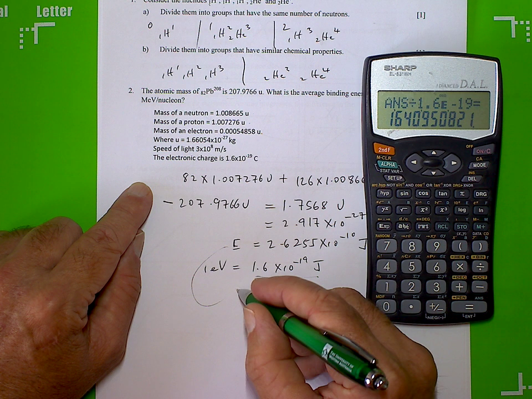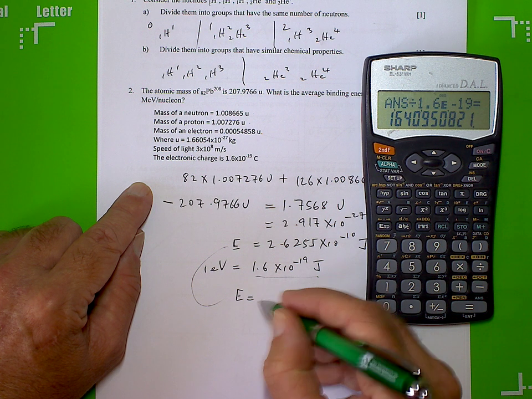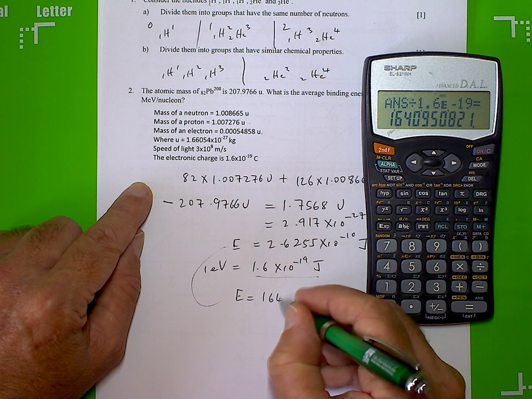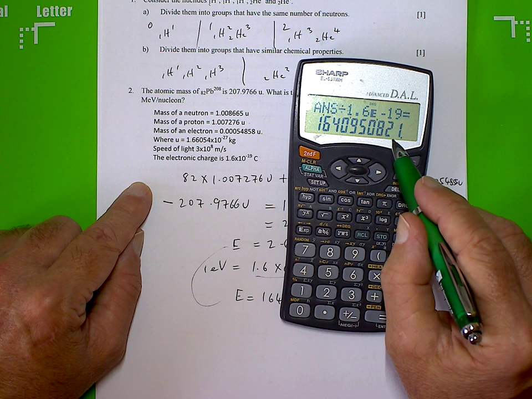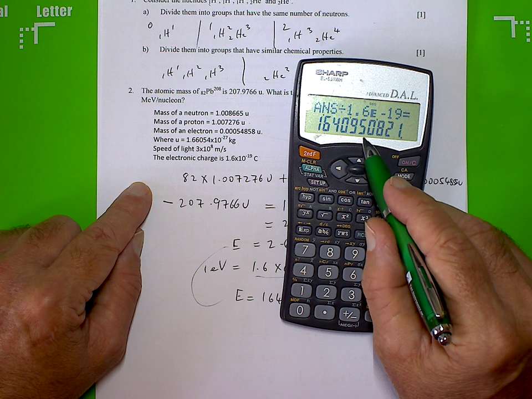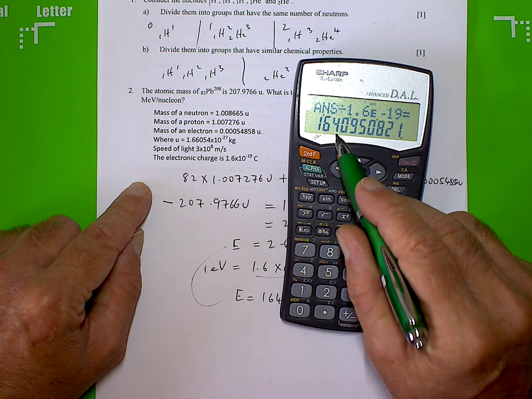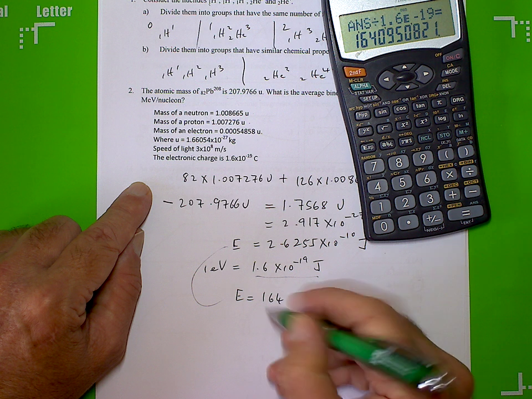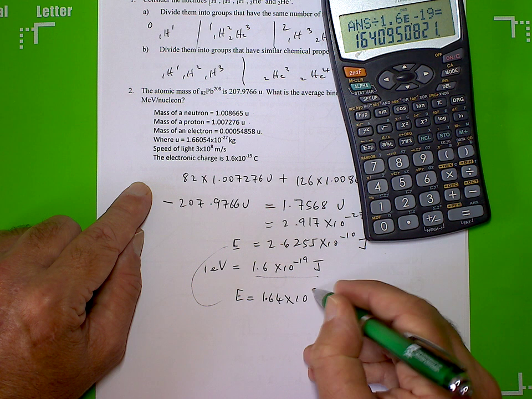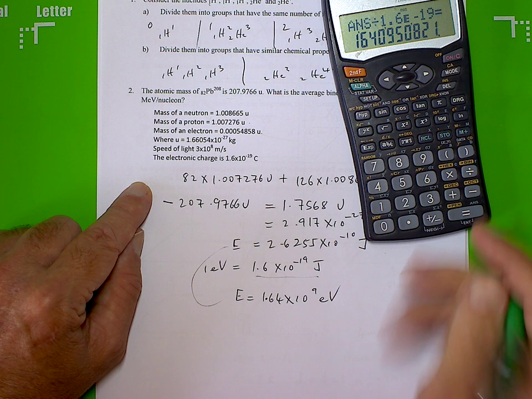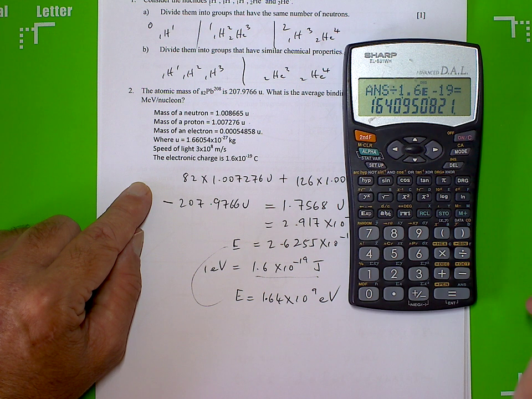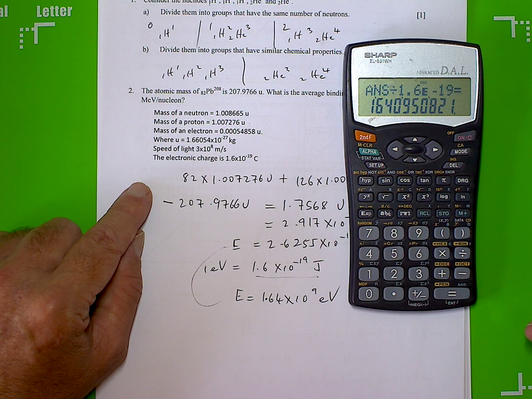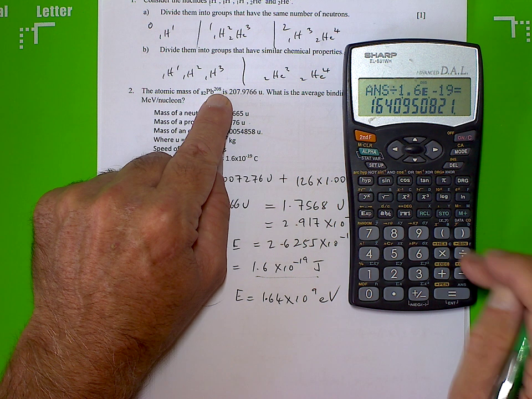Okay, and we get energy equals 1.64 by 10 to the 9 electron volts. Okay, nearly there. And that's for the whole thing. It says per nucleon, so I've got to divide it by the number of nucleons, 208.